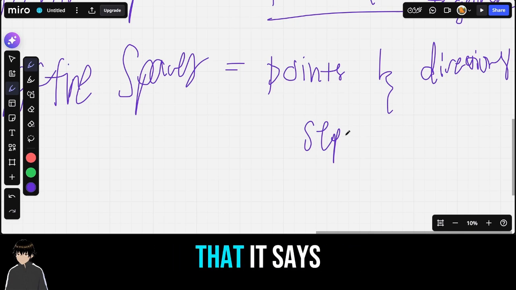The other principle that it says is that you can take a point and add a vector to get another point. So if you have p here, and then you add the vector, p plus v vector, you get the result of p 2.